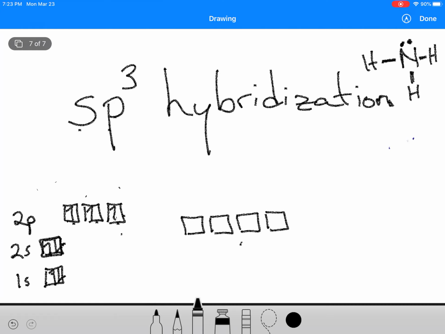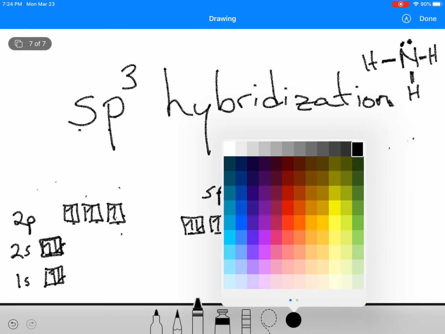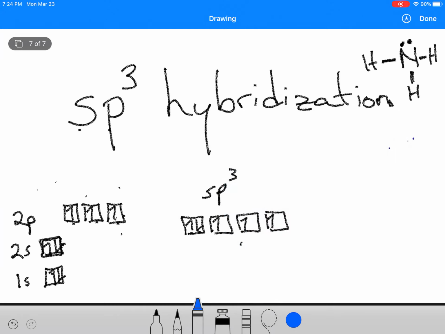And these 1, 2, 3, 4, 5 electrons that are the valence outer energy level electrons for nitrogen are in here. And by the way, they are filled in accordance with Hund's rule. You notice I went up, up, up, up, down. Okay? So now one of my sp3 hybrid orbitals has 2 of the electrons from the nitrogen in it. The other 3 have a single electron from the nitrogen in it.